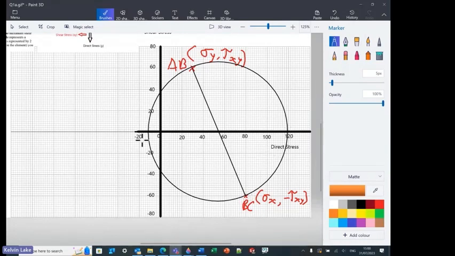What we need to do now is calculate the position of sigma 2. Relative to plane BC, that's going to be a further 180 degrees. So remember, this was 67 degrees, and if we add 180 degrees onto that, that would be 247 degrees. Now remember, this is 2 times theta in our element.